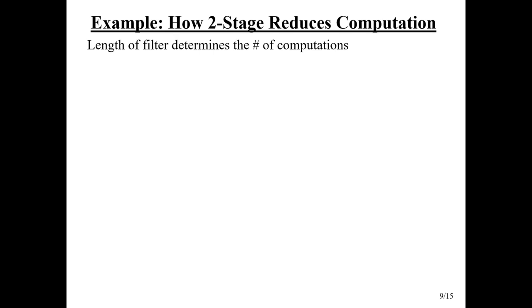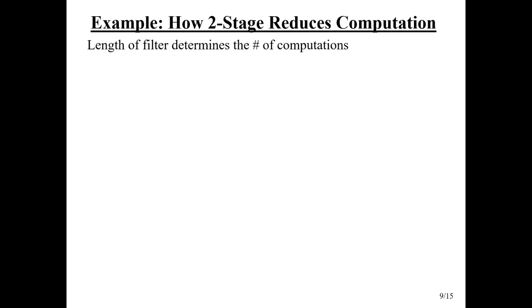And so the length of the filter, the reason we care about that is that it impacts the number of computations that we have to do for each output sample. So, each output is computed by taking a signal sample times a filter coefficient and then adding them all up. So if the filter has 200 taps, we need to do 200 multiplies and then 199 adds for every output sample.